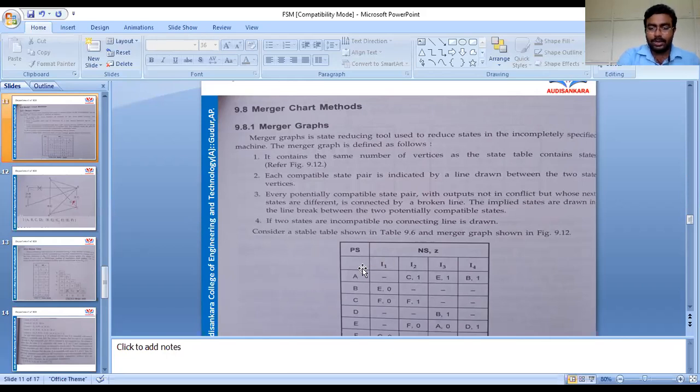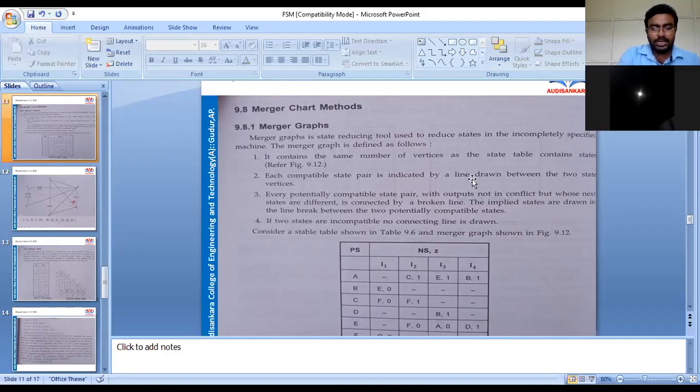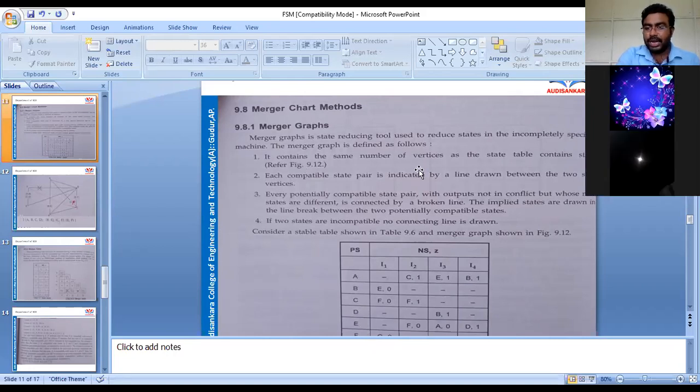Look here, students. If I'm trying to draw a merger graph for this incompletely specified state machine, how many present states are available? Six: A, B, C, D, E, and F. So your merger graph also should have 6 vertices.